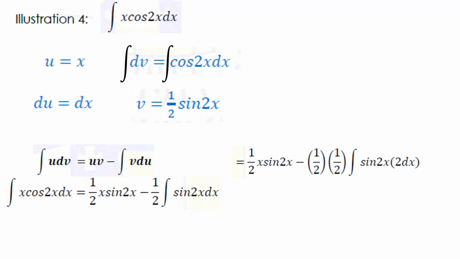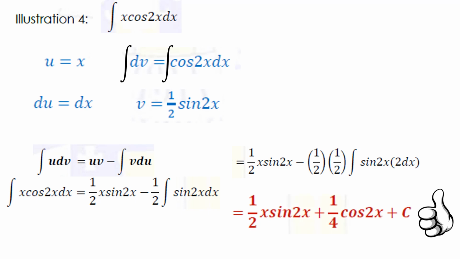Here, we introduce 2 into the integrand and introduce the correcting factor of 1/2, thereby getting our final answer, which becomes 1/2 x sine 2x plus 1/4 cosine of 2x plus c.